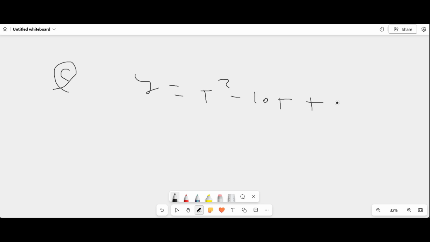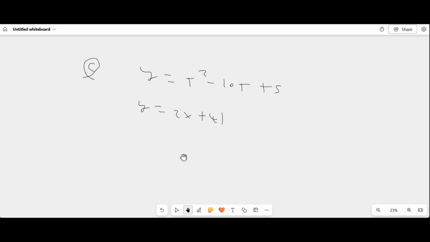Part C. So y is equal to t squared minus 10t plus 5. That's what we established. And we know that y is also equal to 2x plus 41, as we just got from the equation. So to see if it intersects again, I can replace the y equation with what x is equal to.